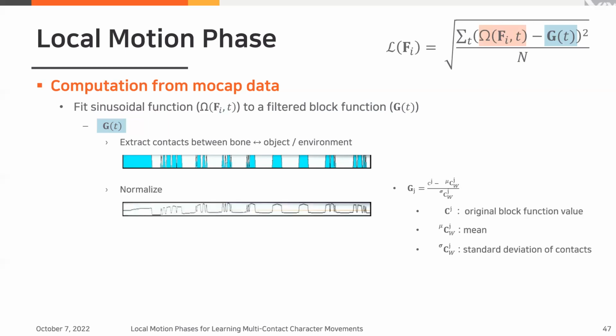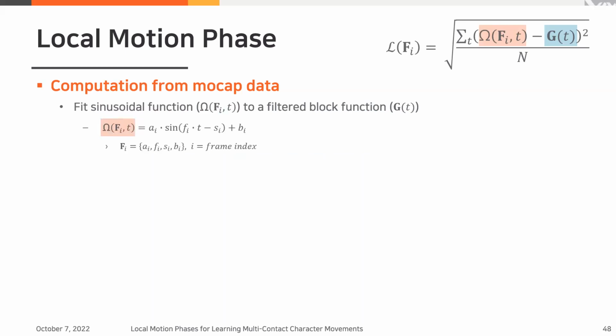And these contact values are then normalized within the window domain. And then the low pass filter is applied to the entire phase value. Then by optimizing this equation, the parameters in the sinusoidal function f can be obtained, which has amplitude, frequency, phase, and bias as the parameters.